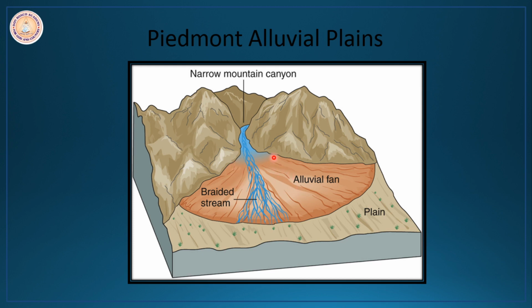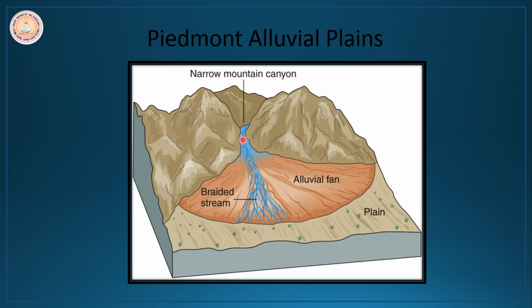Now it is very difficult for the river to carry all the eroded material, especially pebbles and boulders, with it. So what does the river do? The river begins to deposit the load right at the foothill of the areas in the form of an alluvial fan. So you can see on your screen, it looks like a fan.